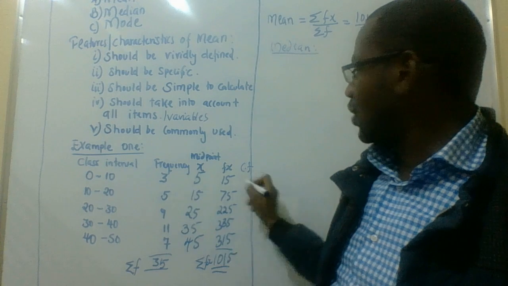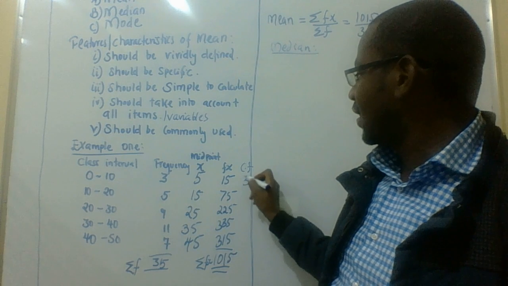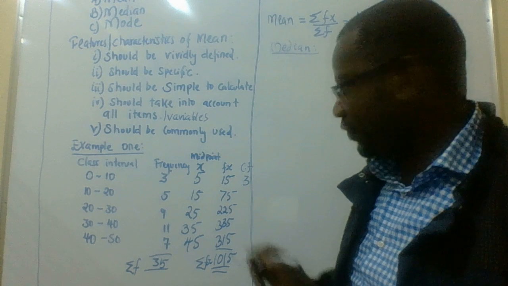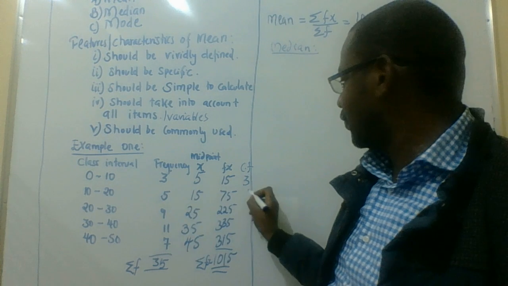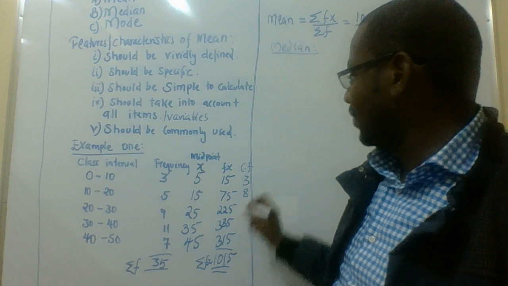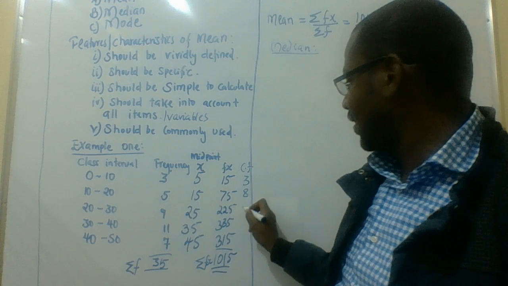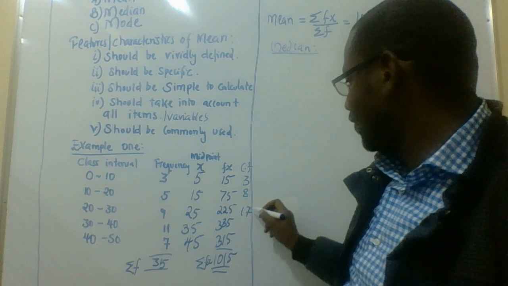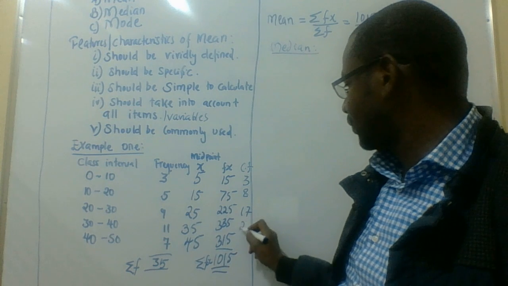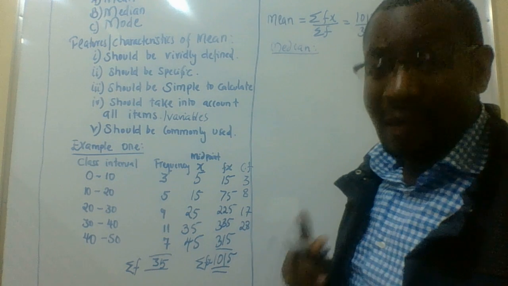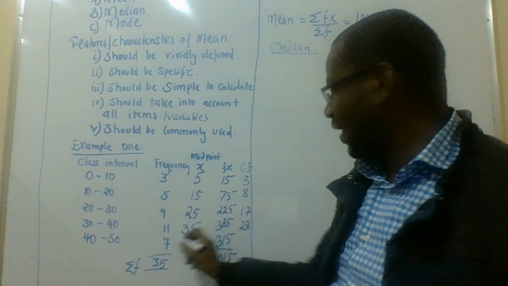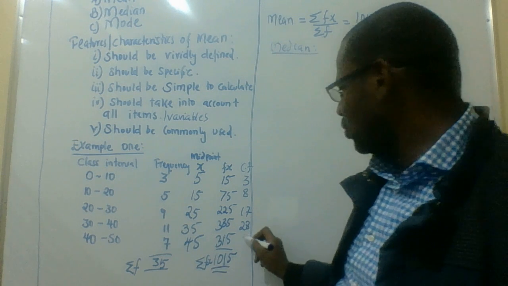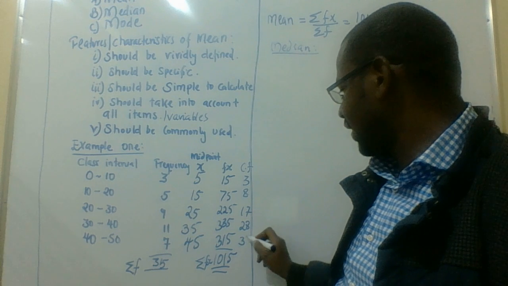So the 3, we shall have it there. Then the next CF, 3 plus 5, which is 8. 8 plus 9, 17. Then 17 plus 11, 28. Lastly, 28 plus 7 is what? 35.